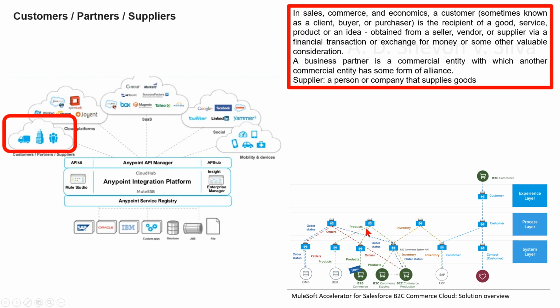Here you can see products in the process layer. Here the product information is passed from PIM to Mule in the system layer, and products are passed from Mule to Mule in the process layer.